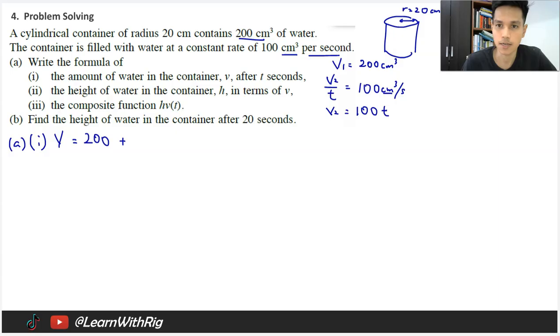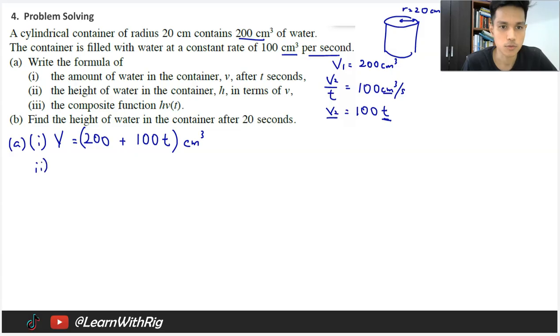As time passes, the volume is going to keep increasing. So if they ask for the amount of water in a container, you have to put the initial amount, which is 200, plus the amount that is being filled in the container. So this is your answer. This is in terms of volume, so cm cube.